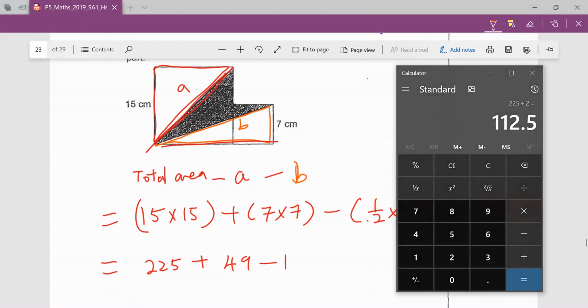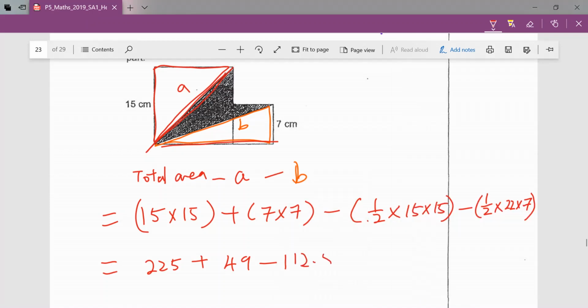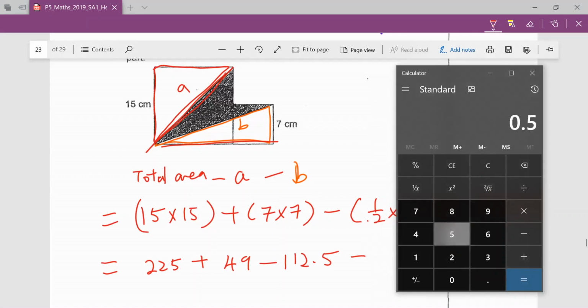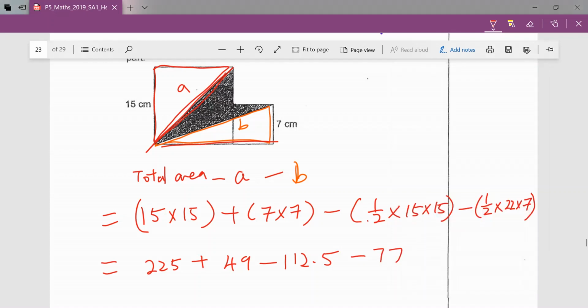So it's 112.5, minus 0.5 times 22 times 7, that would be 77. Answer would be 84.5 cm square.